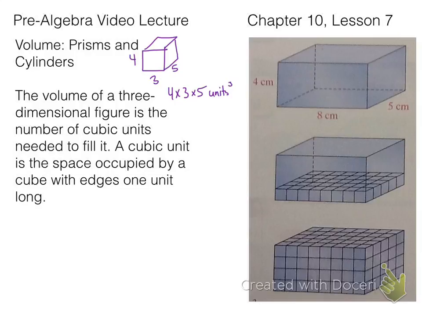So it'd be 12 times 5, which is 60. So 60 units cubed. Just realize that if they don't have centimeters, feet, meters, and they just give you numbers, then you can still say it's 60 units cubed because you don't actually know what the units are.